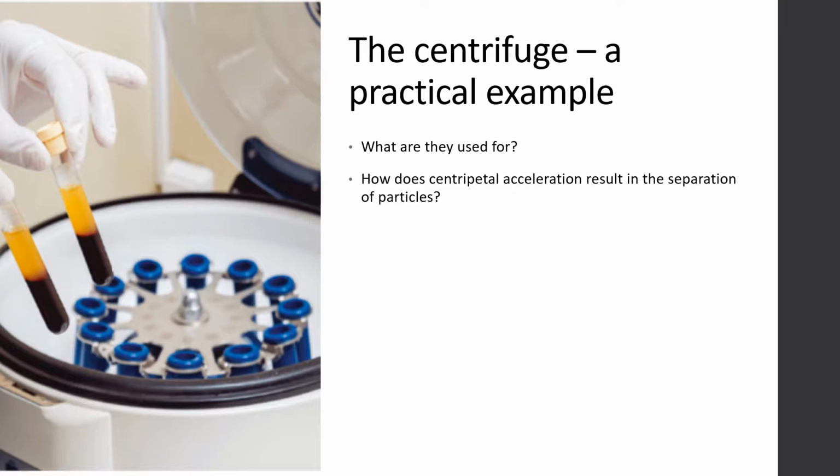When the test tubes are spinning out horizontally, the most dense, heaviest material will, due to centripetal acceleration, move out to the farthest end of the tube, while less dense material will move towards the centre of rotation, and that will separate it out. One thing that's commonly separated in a centrifuge is blood, and that's what you can see there. At the bottom of the test tube you have the blood cells and the proteins, and at the top you have the plasma or the serum, and that's very useful in medicine.